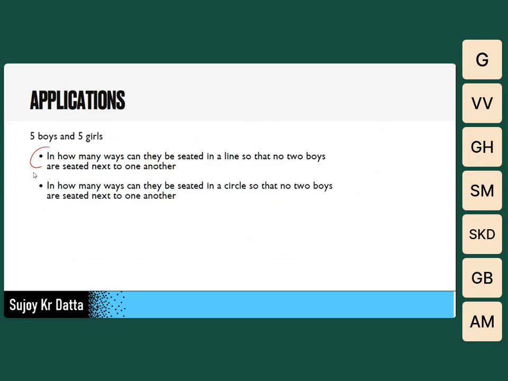In how many ways can 5 boys and 5 girls be seated in a line so that no two boys are together?